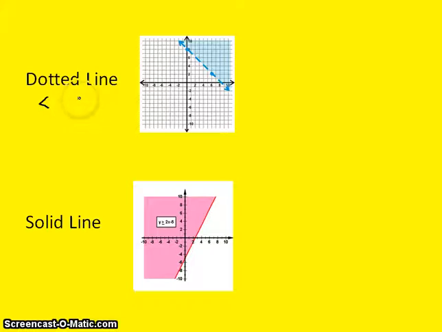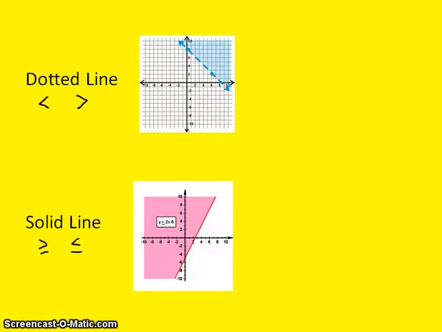You're either going to have a less than sign or a greater than sign. These two signs mean dotted line. A solid line is going to result from when you have the greater than or equal to, or less than or equal to. Then you're going to draw a solid line and shade one side of that solid line.